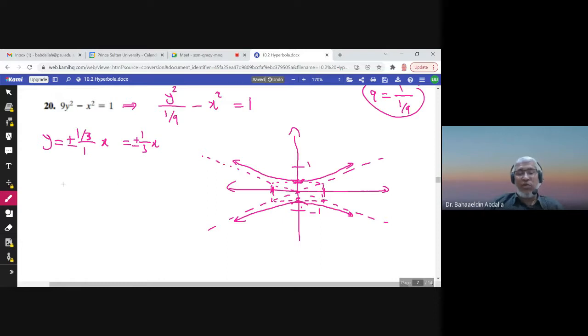These are the equations of the asymptotes. c squared is 1 plus 1 over 9, so it's 10 over 9. The coordinates of the foci are 0, plus or minus square root of 10 over square root of 9, which is 3.